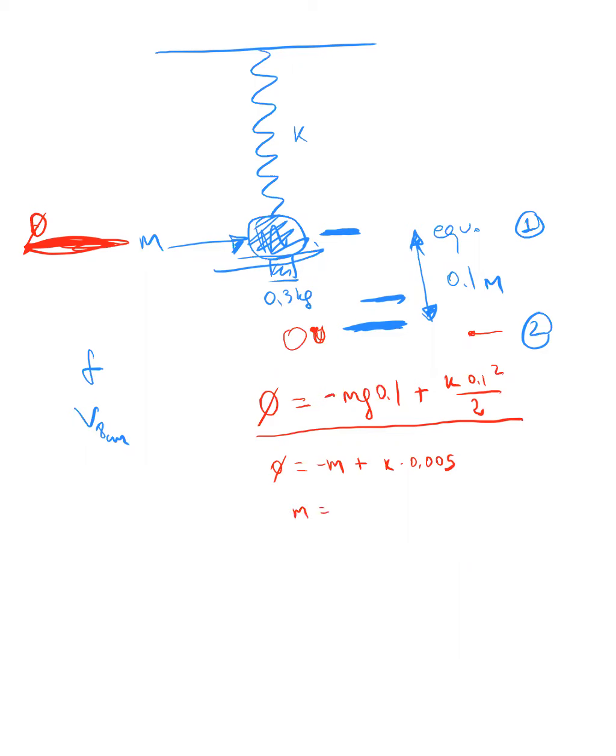M is equal to 0.005 times K. And even though I don't know M and K, it looks like I can know the ratio of K to M, which will be 1 over 0.005. This is 1,000 over 5, which is 200. So the ratio of K to M is 200.